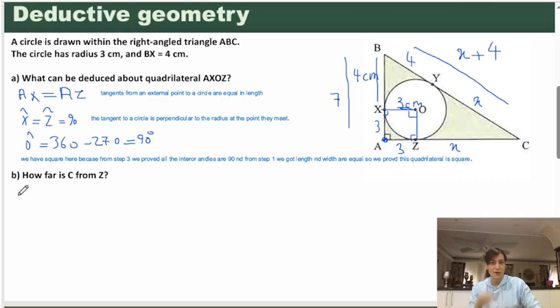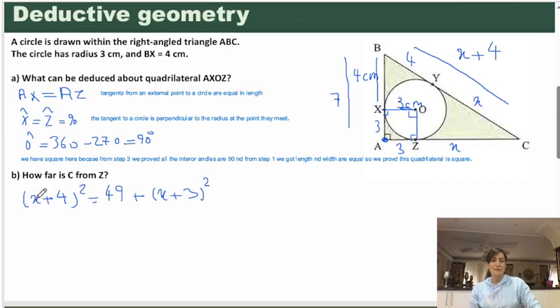So I say hypotenuse (x plus 4) to the power of 2 equals 7 to the power of 2, which is 49, plus (x plus 3) to the power of 2.